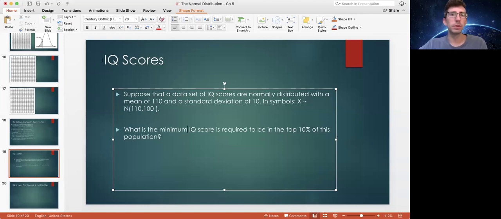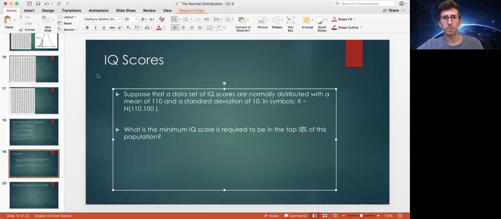So we're going to revisit this question where we're given an area under the curve, and we want to know for what cutoff value we need to be at in order to obtain that area under the curve to the left or the right, depending on how the question asks it.